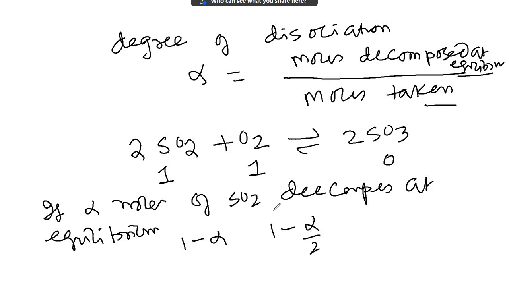It will be 1 minus alpha by 2. Why? Because for every 2 moles, 1 mole of them reacts. Because of the 2, alpha mole will be formed over here. In this case, what will be the degree of dissociation? Alpha by 1. Moles decomposed out of 1 mole taken will be the degree of dissociation.